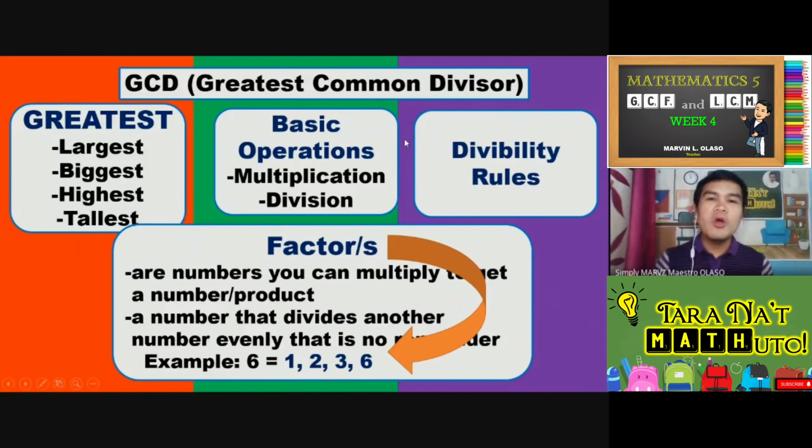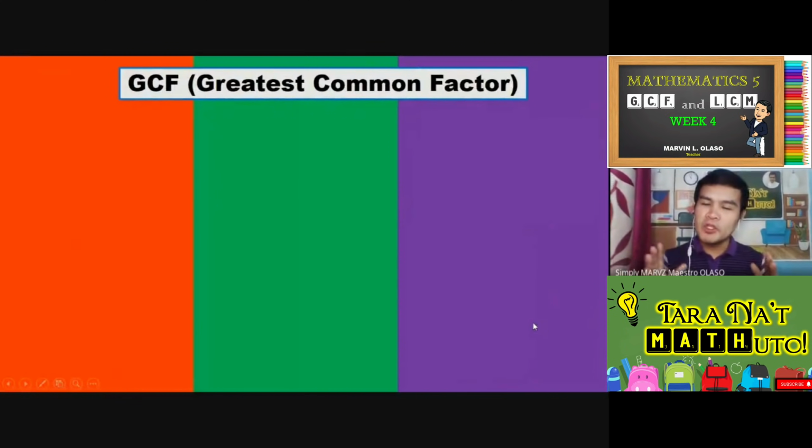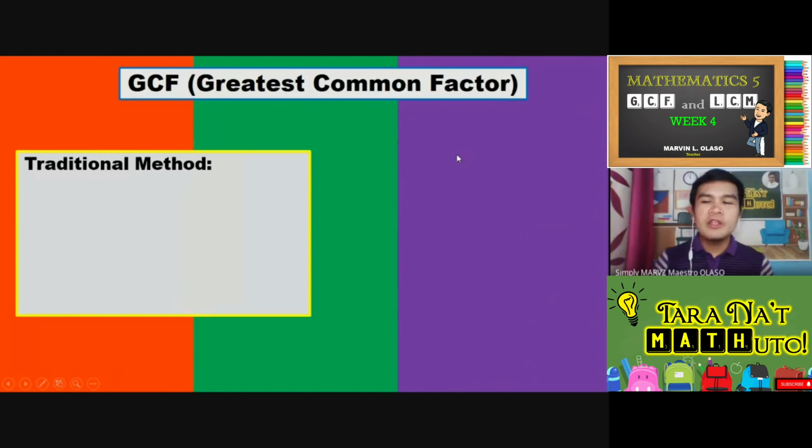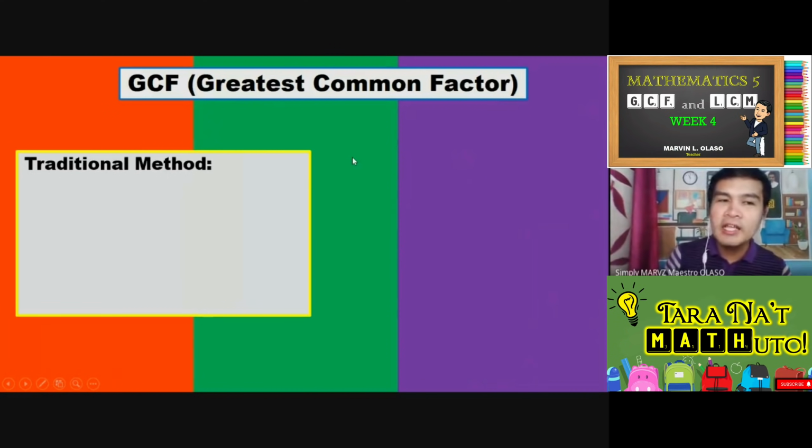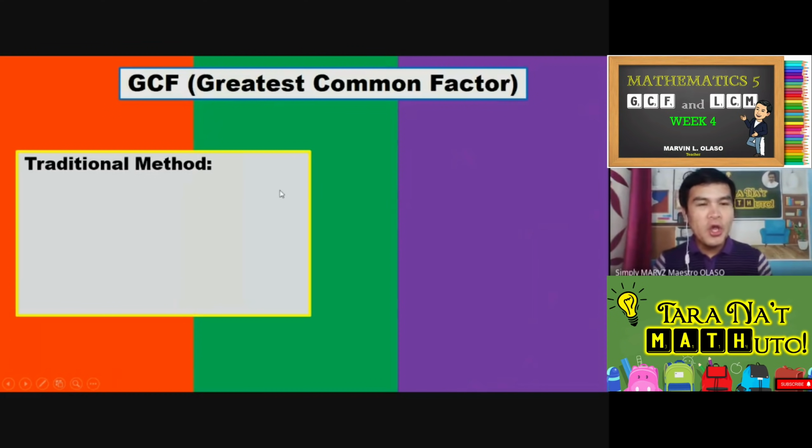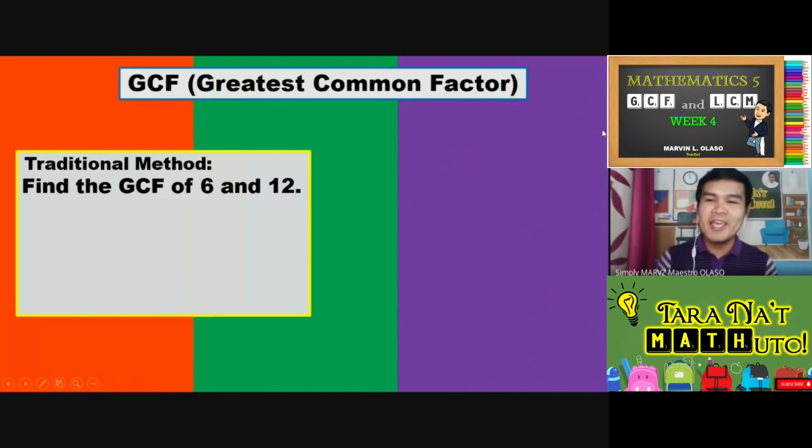Alright. So, let's focus now, because our topic is all about GCF, so let's focus now the greatest common factor. So, lagi niyong tatandaan, ito ay factor lamang. The commonly used na method na ginagamit sa pagkuha ng GCF ay ang tinatawag na traditional method o tinatawag nating listing method. So, for example, find the GCF of 6 and 12.